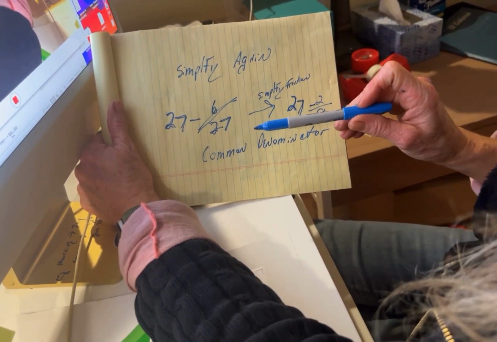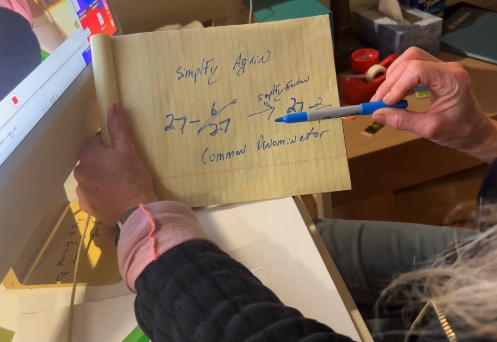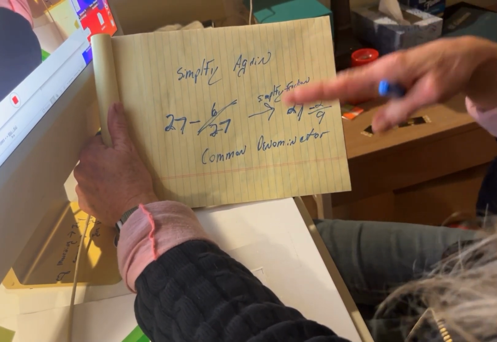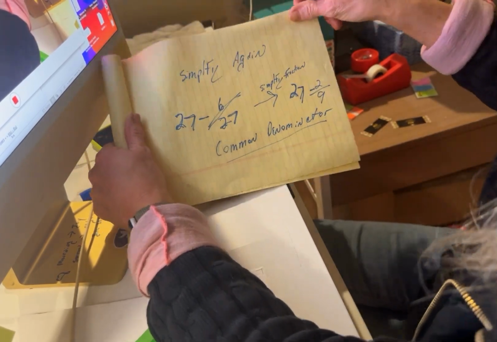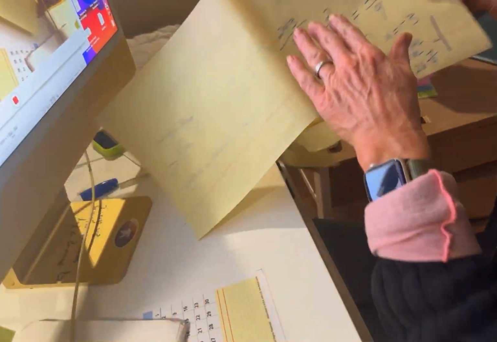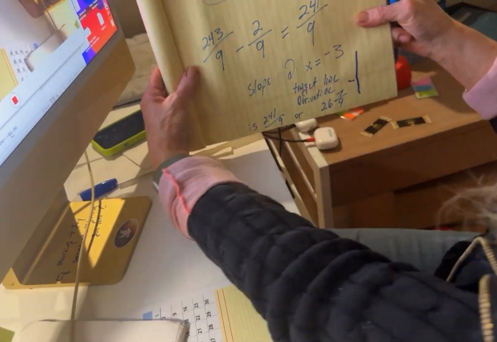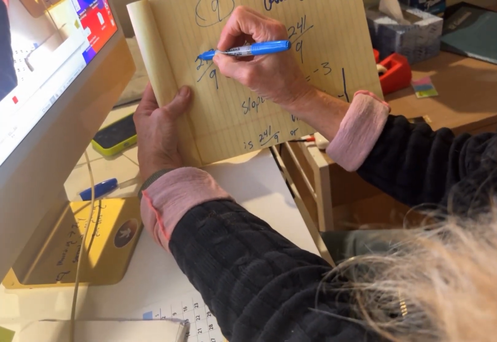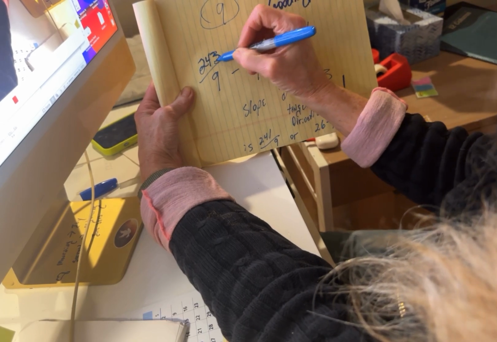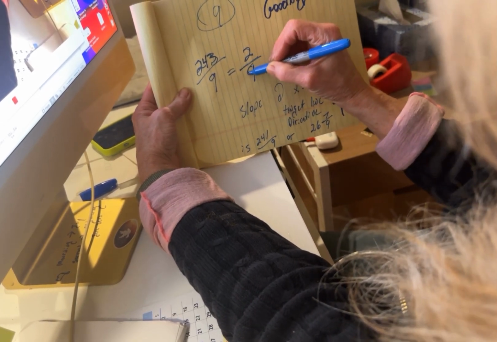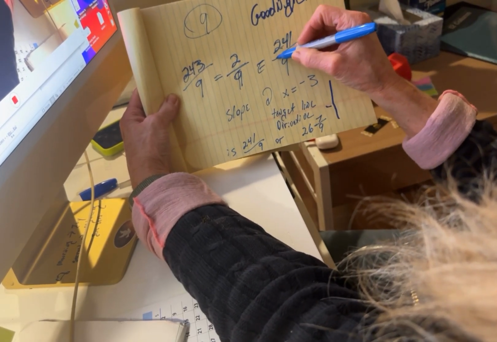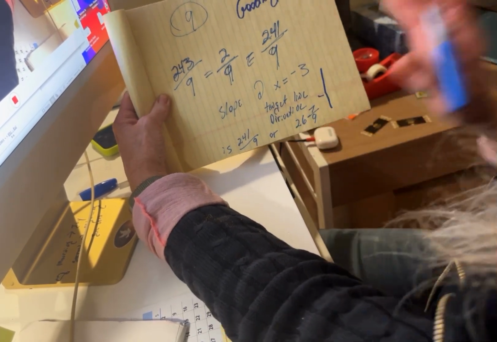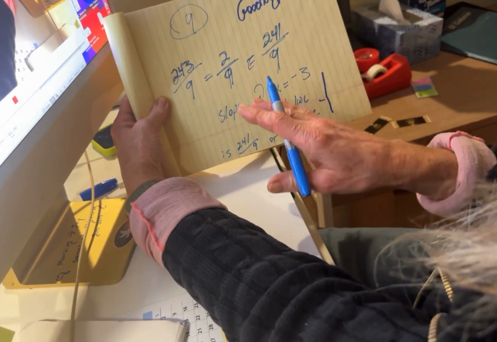Then the only thing left to do to bring these two terms together is to find a common denominator. That ends up being 243 ninths minus 2 ninths equals 241 over 9. Therefore, we have our answer now.